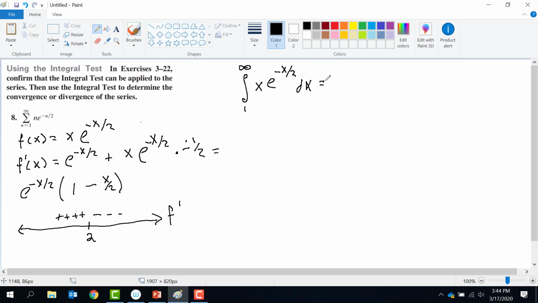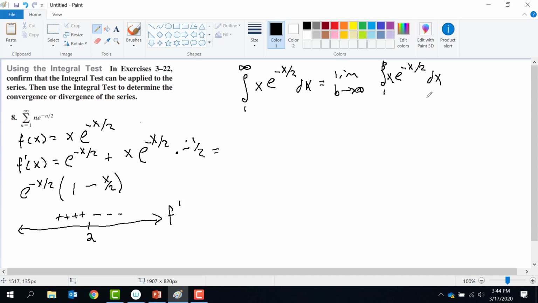We're going to replace this with the limit as b goes off to infinity of the definite integral from 1 to b of x e to the negative x over 2 dx.